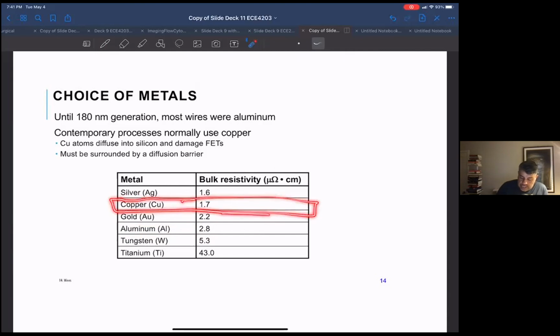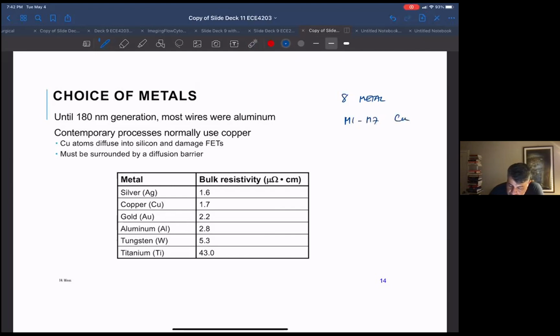I'm not sure exactly why they jumped to copper. I guess it's a low cost metal. It's used on printed circuit boards, etc. So copper ends up being the metal of choice for a lot of tighter processes, especially the lower metal layers. Let's say you have an 8 metal process: metal 1 through metal 7 will be copper, and metal 8 will still be aluminum.